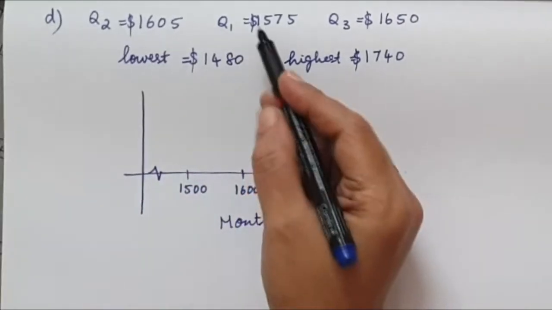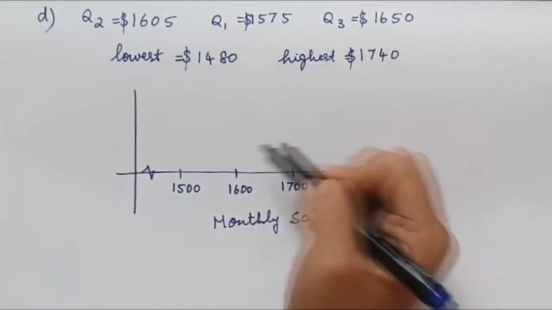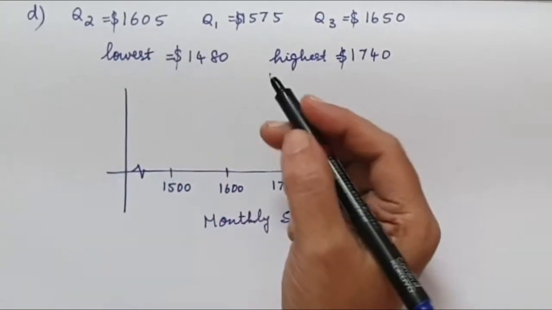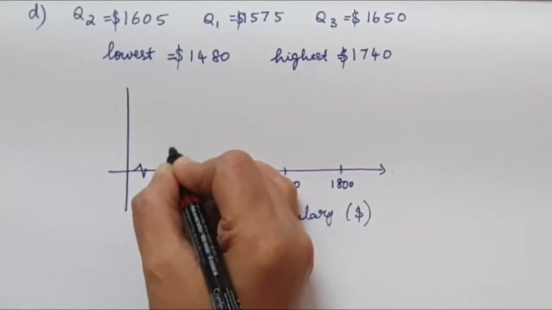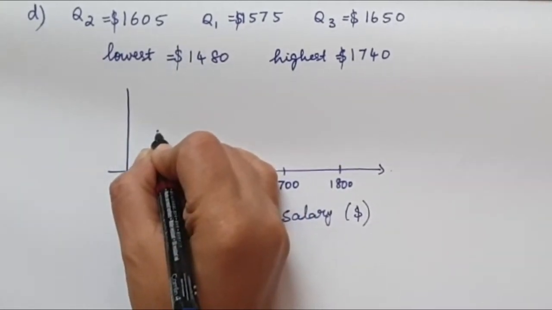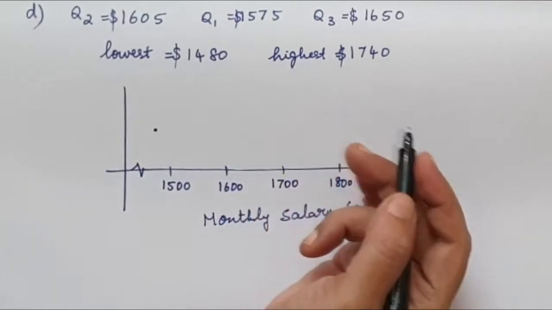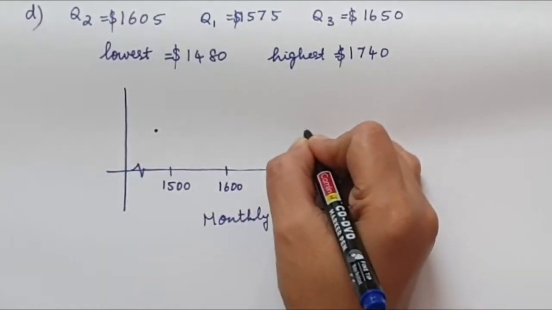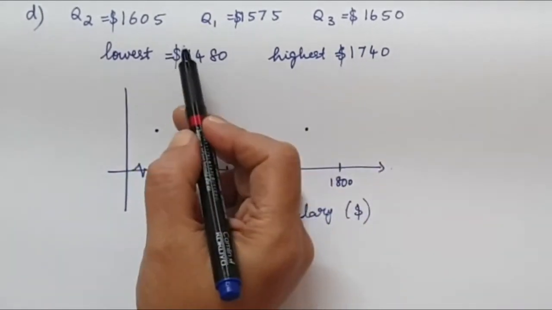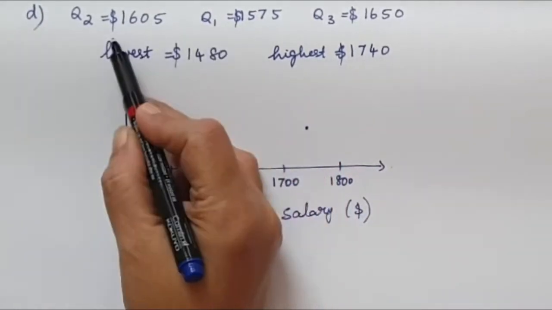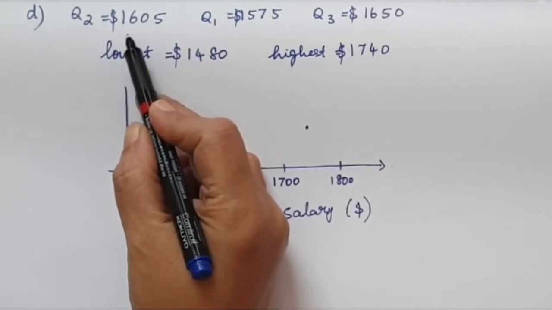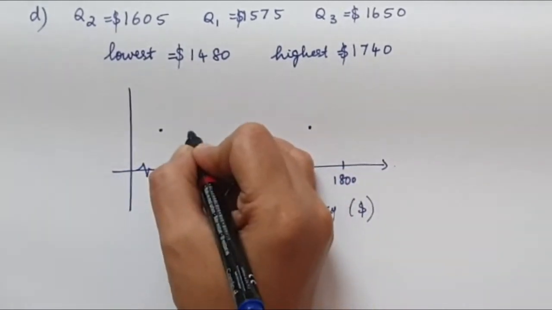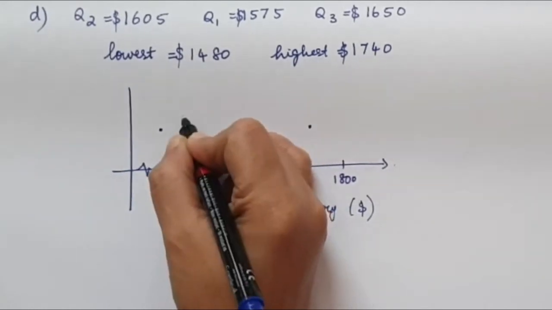Now, we'll just represent all this information in the form of a box. Here the lowest value is 1480. This is 1500, so 1480 will be somewhere over here. Then the highest value is 1740. 1740 will be here somewhere. Now we'll find our median value. Our median value is 1605, and the lower quartile is 1575. 1575 will be here, 15, then a 75.